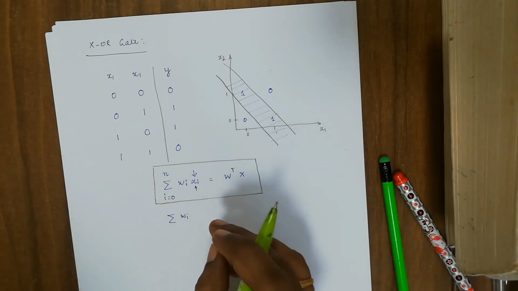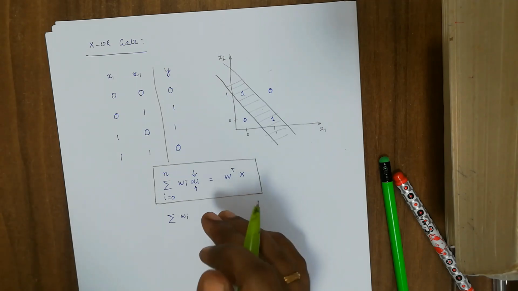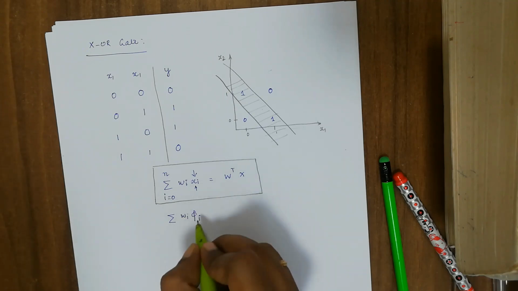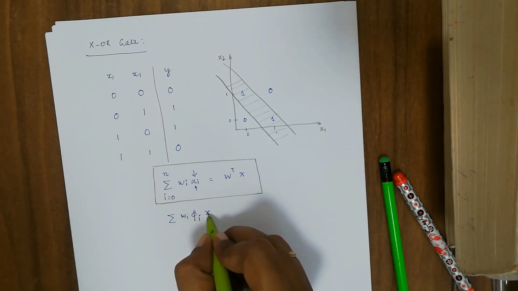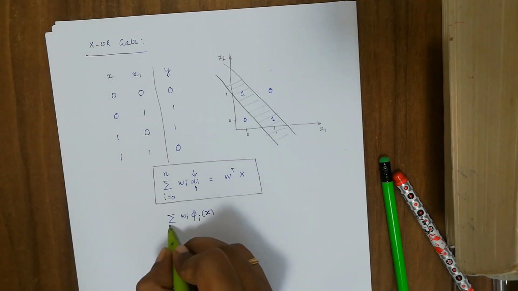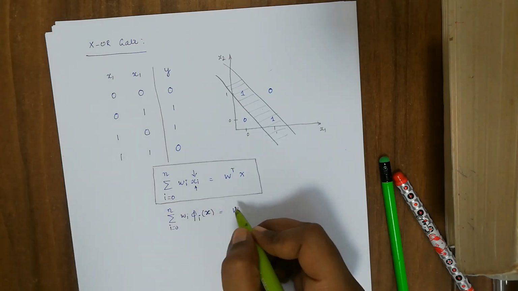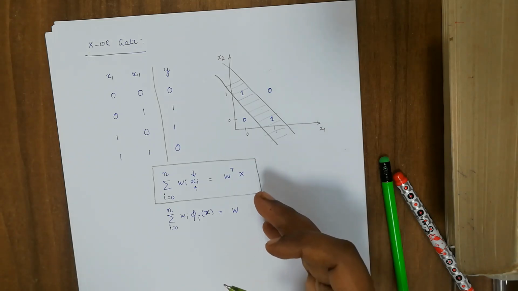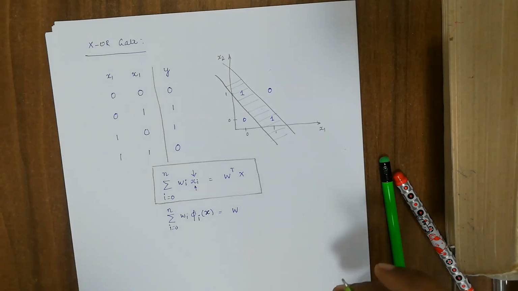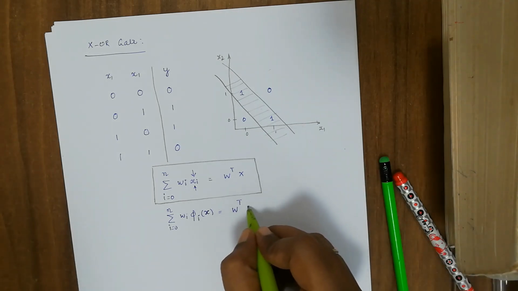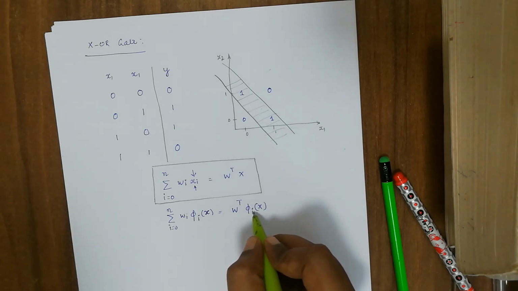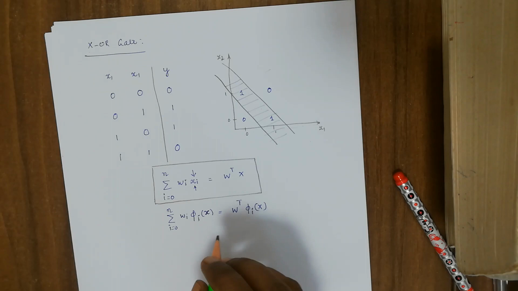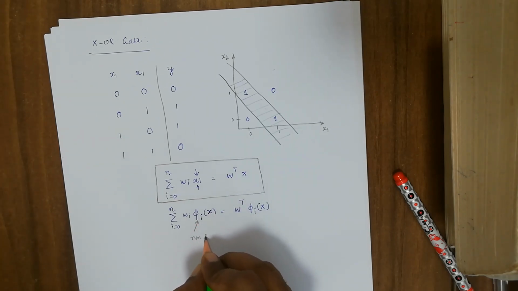The idea is to not take the input space as such, but to transform the given input into another space, which we call psi i of x, where psi i of x is a nonlinear function applied to the input feature vector x. In that intermediate space, all these features get separated using a single straight line.